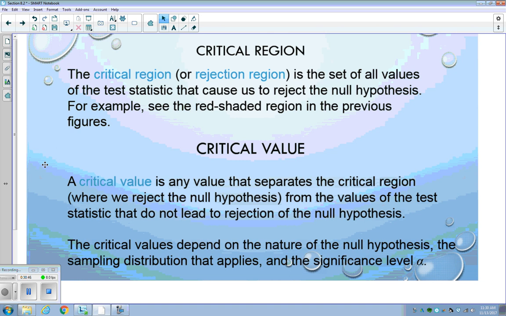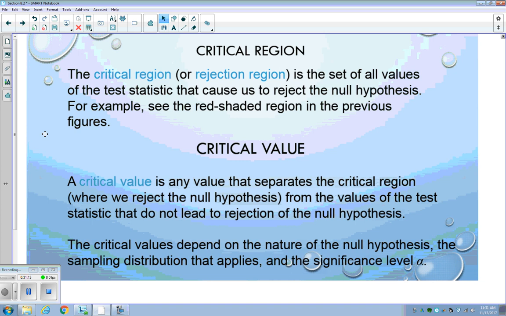The critical value is the value that separates the critical region from the values of the test statistic that do not lead to rejection of that null hypothesis. The critical values are going to be your z-scores or your t-scores.